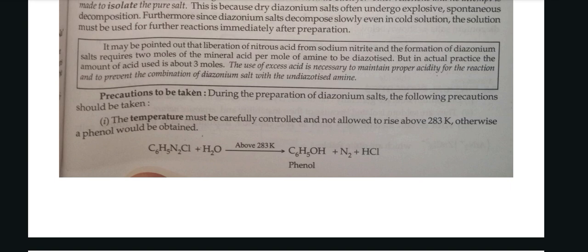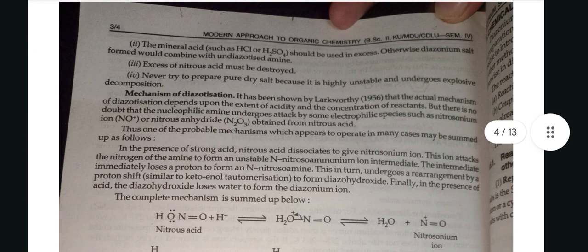Precautions to be taken. During the preparation of diazonium salts, the following precautions should be taken. First, the temperature must be carefully controlled and not allowed to rise above 283 Kelvin. Otherwise, a phenol would be obtained. Second, the mineral acids such as HCl or H2SO4 should be used in excess.